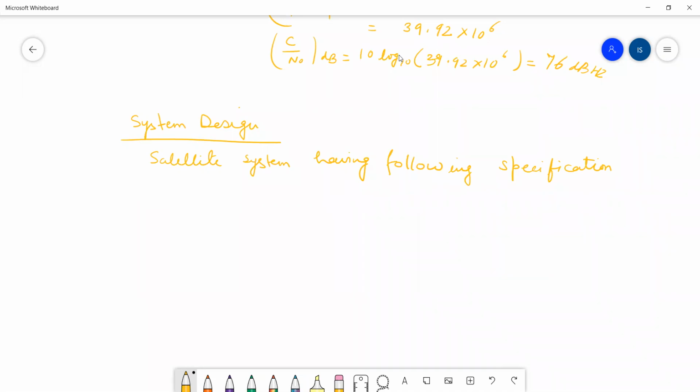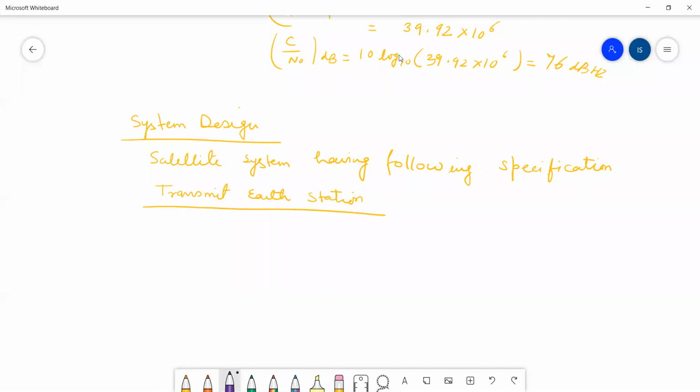So what are the specifications? First, we consider the specification of the transmit Earth station, the transmitter. We will consider the following parameters.